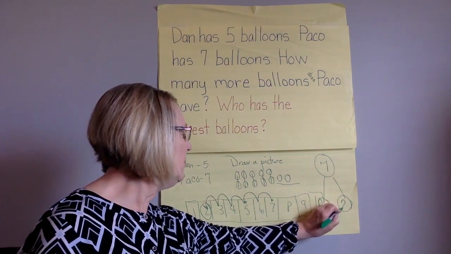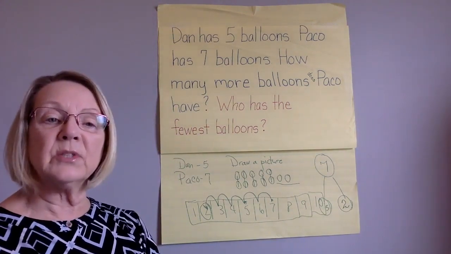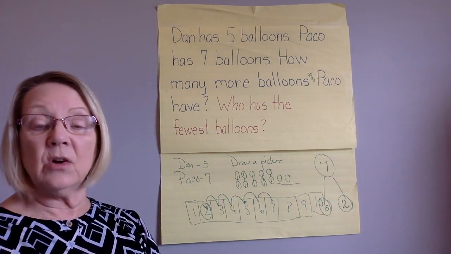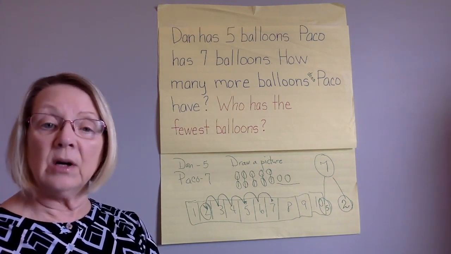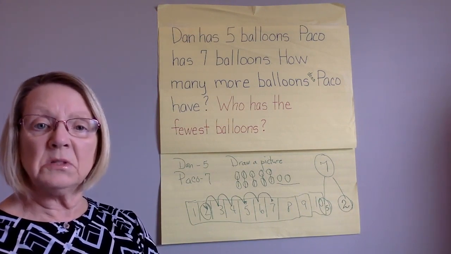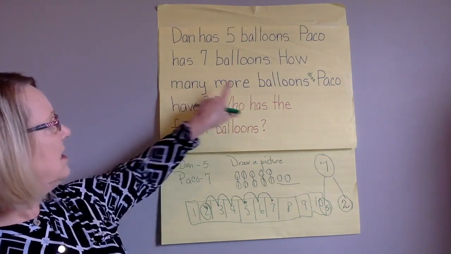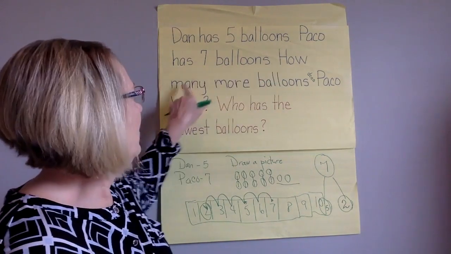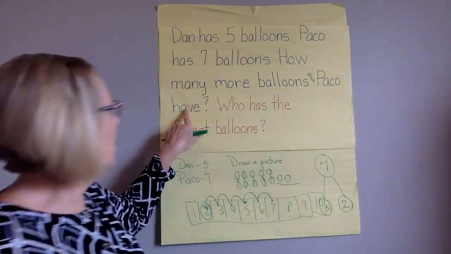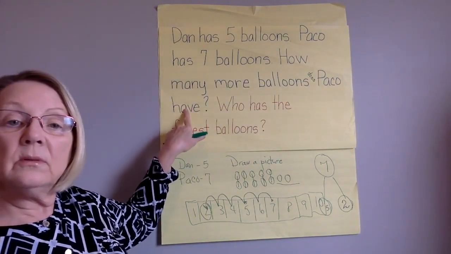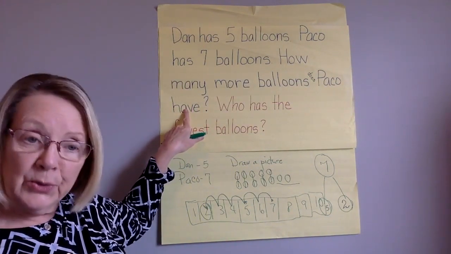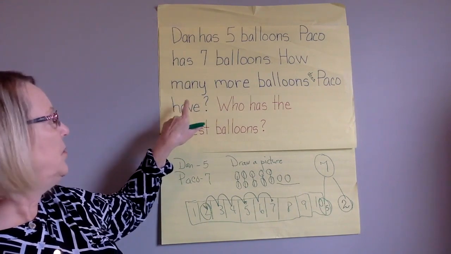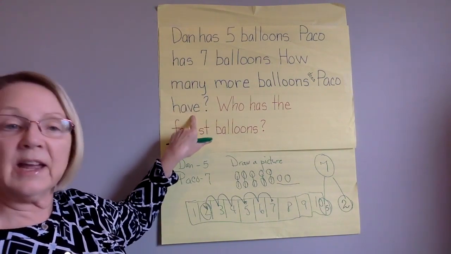We need 2 more to make Paco 7. So we can also use a number bond to find the answer. So what's the answer? How many more balloons does Paco have? 2. That is correct. 2 more balloons than Dan.